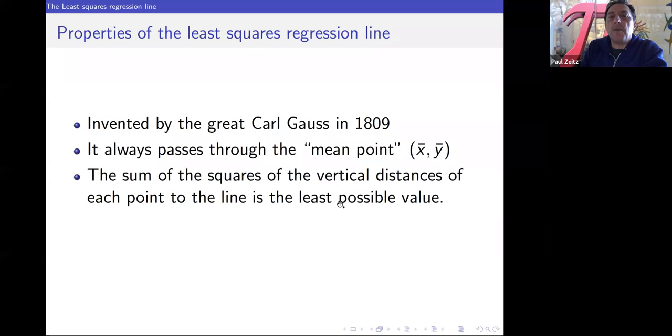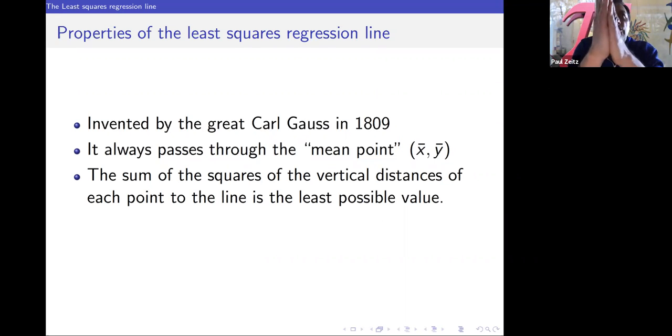And the sum of the squares of the vertical distances from each point in your scatter plot to that line is the least possible value. And that's why it's called the least squares regression line. Here's a physics reason for it.